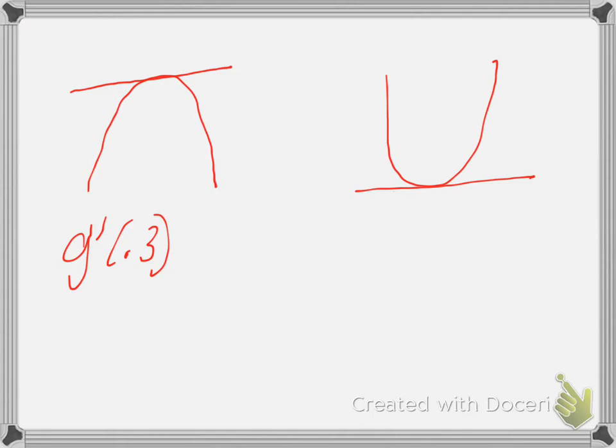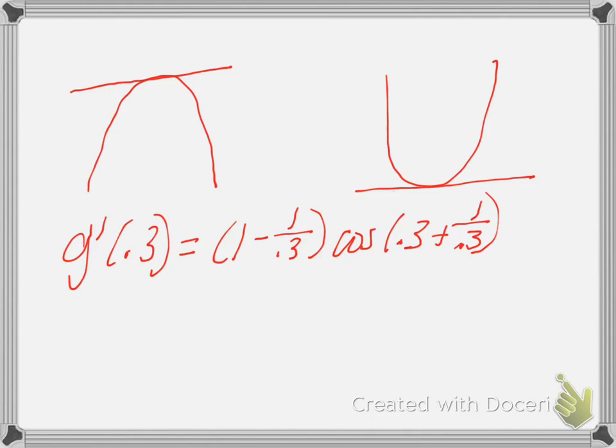But they gave us g double prime, so this is all going to be calculator driven. So we get 1 minus 1 over 0.3 times cosine of 0.3 plus 1 over 0.3. Okay, so you're going to put that into your calculator and you're going to see that you get a positive value. So this thing is greater than 0.